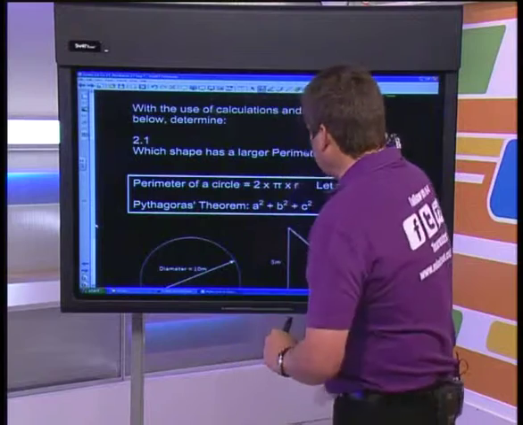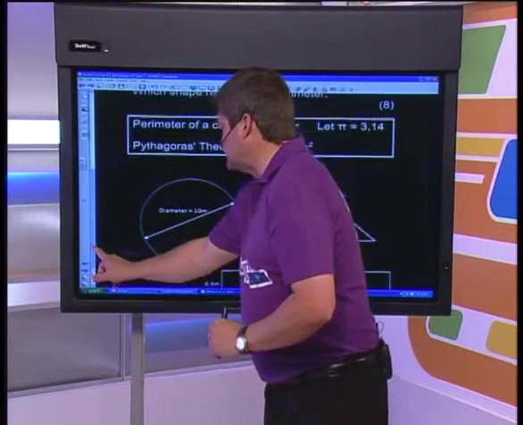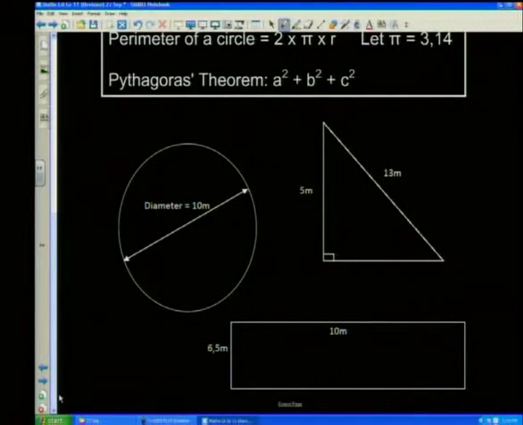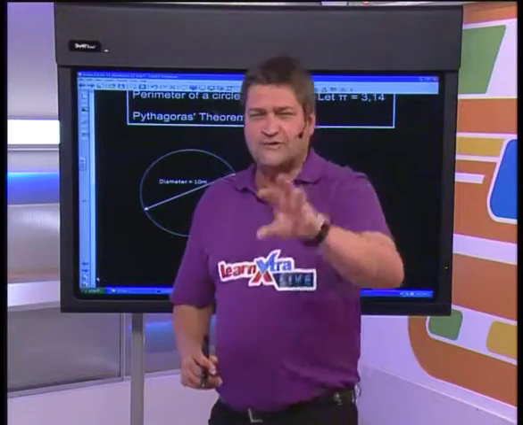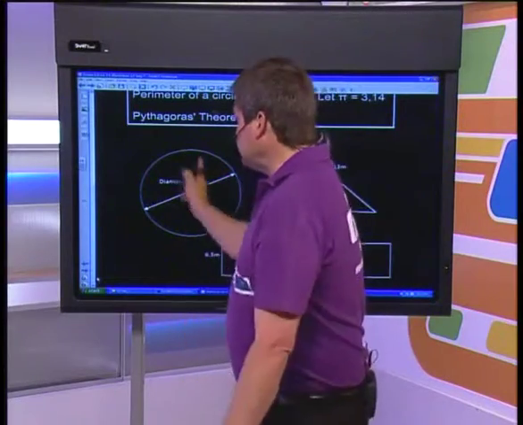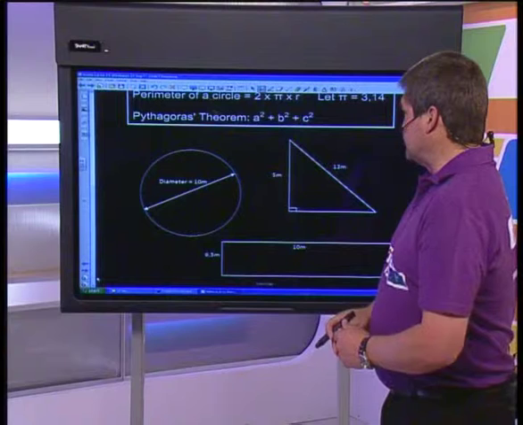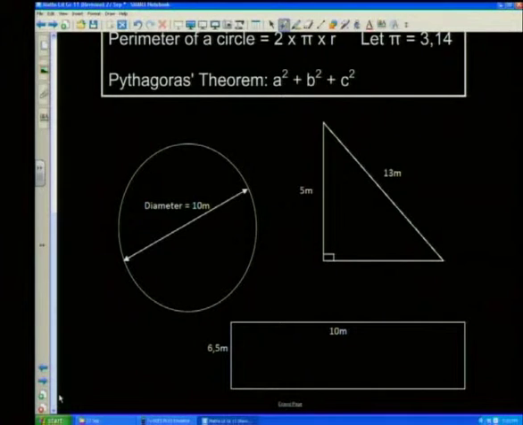Okay, so when we look at our shapes, we're giving you a number of shapes. We're giving you a circle today, a triangle, and a rectangle. Good old paper one type questions. So, first thing, let's find the perimeter of our circle. Now, the perimeter of a circle, folks, is equal to 2 times pi times r.